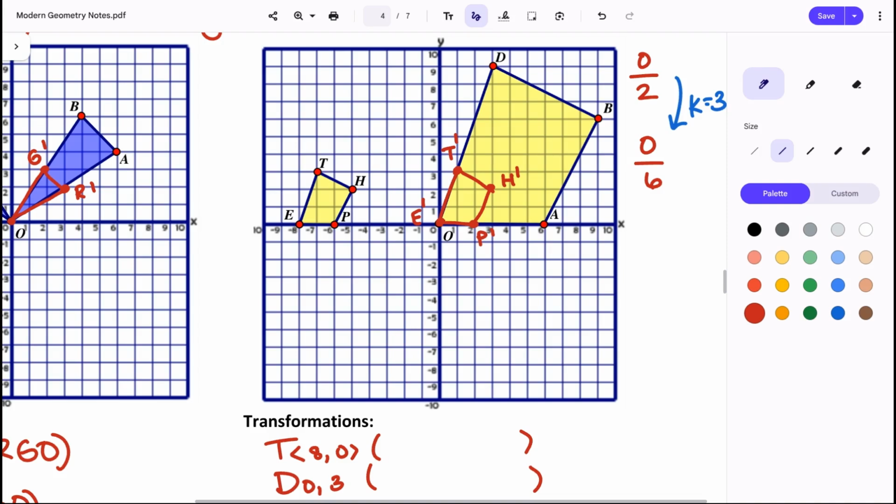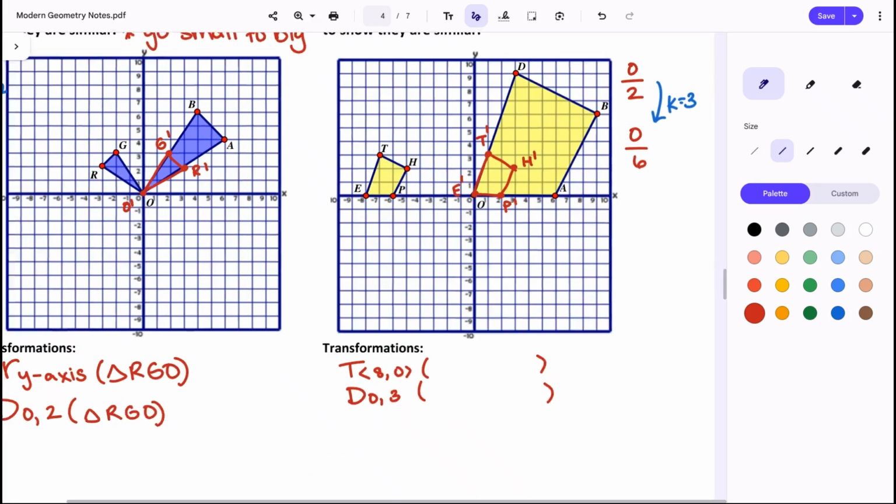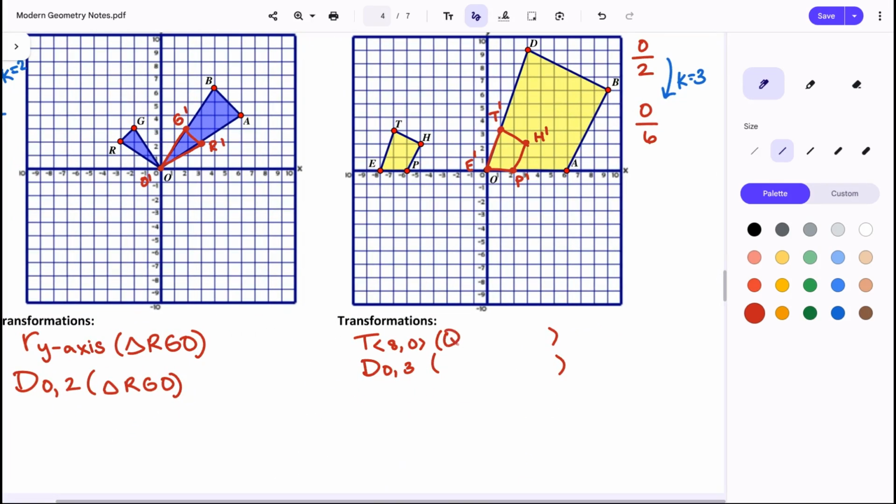Now, I don't care how you name this. The only thing you can't do is jump corner to corner like diagonally. That's not allowed when naming the shapes, but you have to go around them. And so down below, I'm just going to write quad. And I'm going to say ETHP. But you guys can have those letters in a different order. All right. Any questions on that?